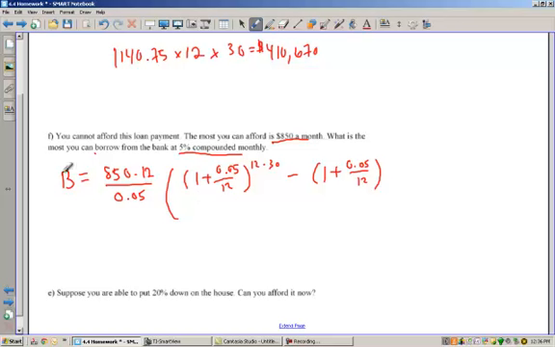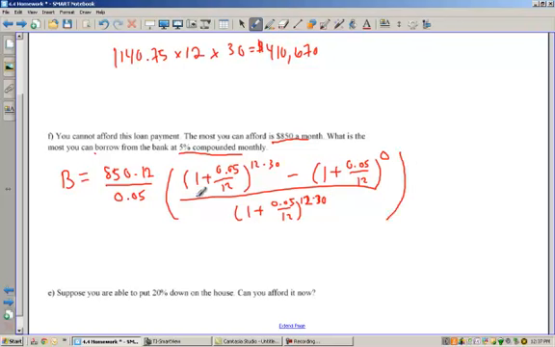If I'm looking for the starting balance, k is going to be 0, so I plug in 0 for k, all divided by 1 plus, again, 0.05 divided by 12 to the 12 times 30.